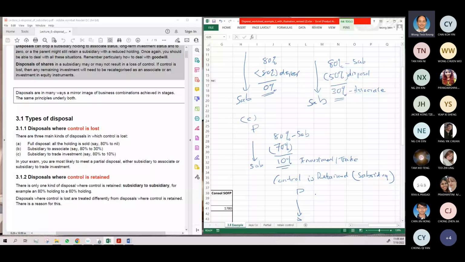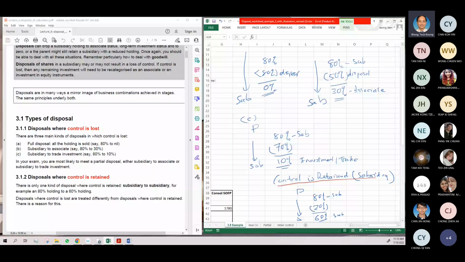So still a subsidiary. Okay, so this is when your control is retained, you're still a subsidiary. So treatments are different. So today we will go through all these different types of disposal.